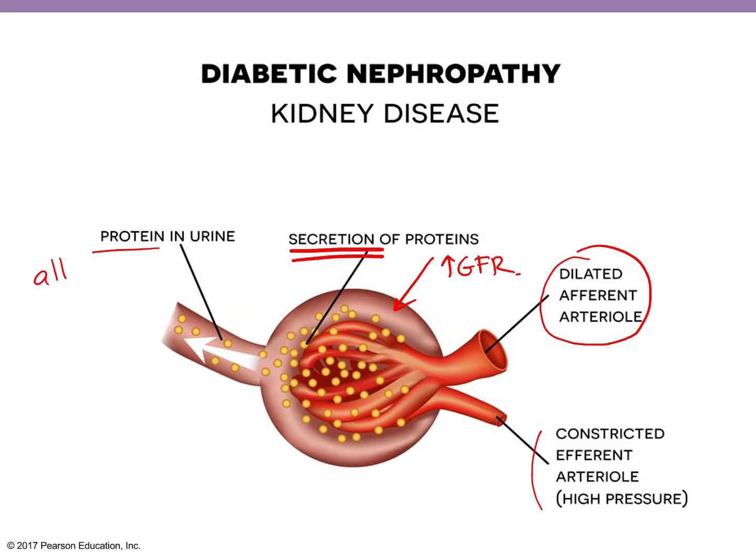The protein that we find the most of is albumin, because it's the most numerous protein in the bloodstream. It's our plasma protein, and if you remember, albumin plays a role in oncotic or osmotic pressure. So if we're losing proteins, water will follow, and we're going to lose water that way.